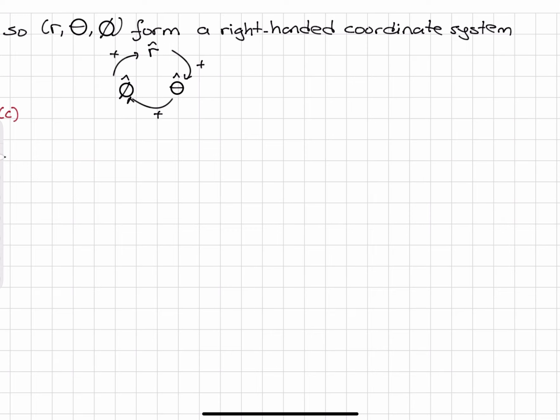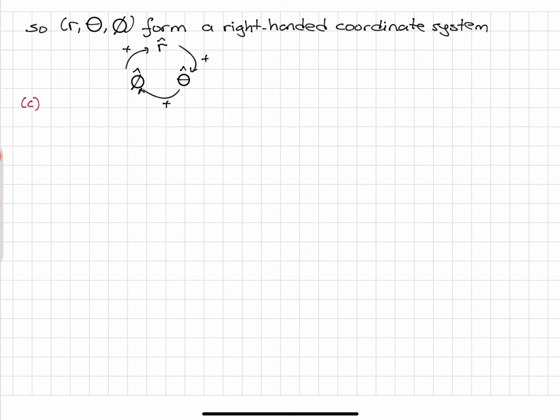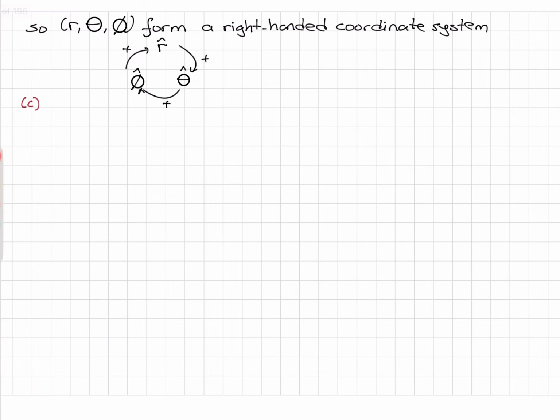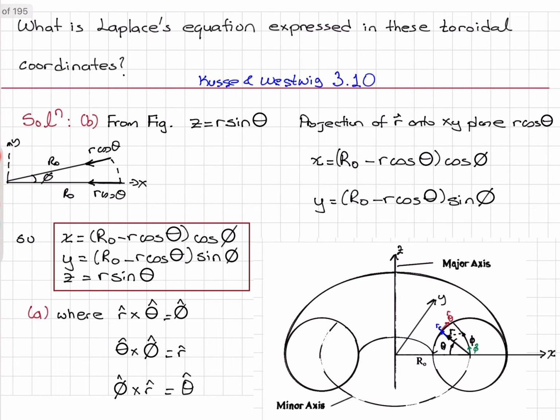So this is the positive direction, and using the right hand rule I can follow these cyclic permutations to get the answer for cross products. Therefore these unit vectors r hat, theta hat and phi hat form an orthogonal set, and the corresponding coordinate system is a right-handed coordinate system.